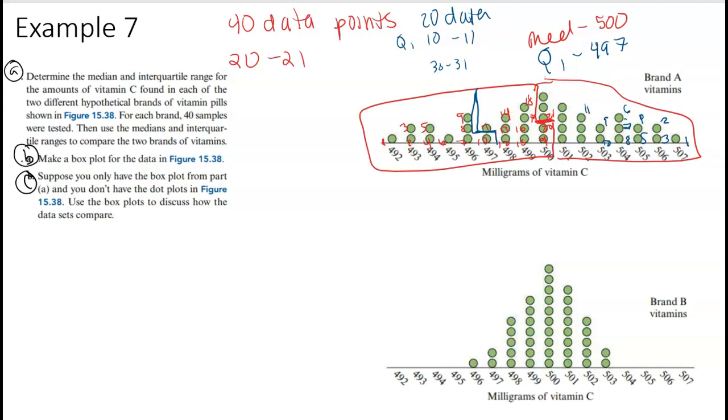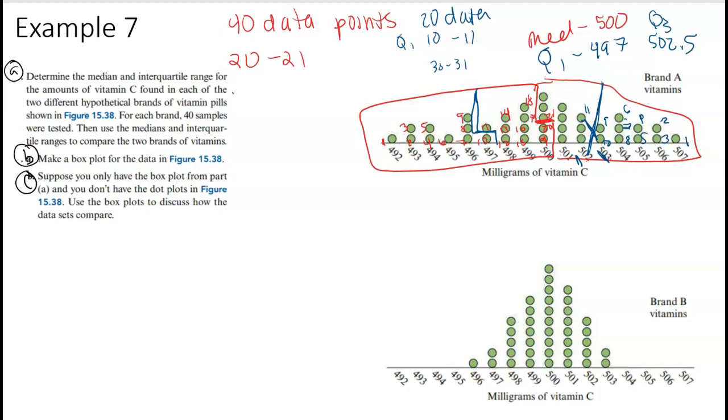Now I've got data points between 503 and 502. So my Q3 is going to be halfway between these two data points, because there's 10 points here and 10 points there. So my Q3 is 502.5, halfway between 502 and 503.